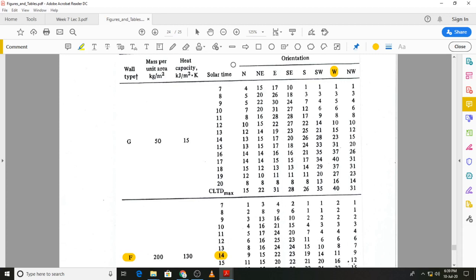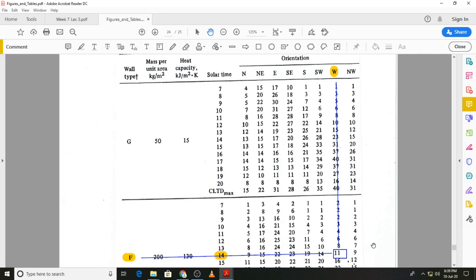And then we read the value of the CLTD under these conditions. The CLTD value is 11 degree C, and that is the value that we have used.